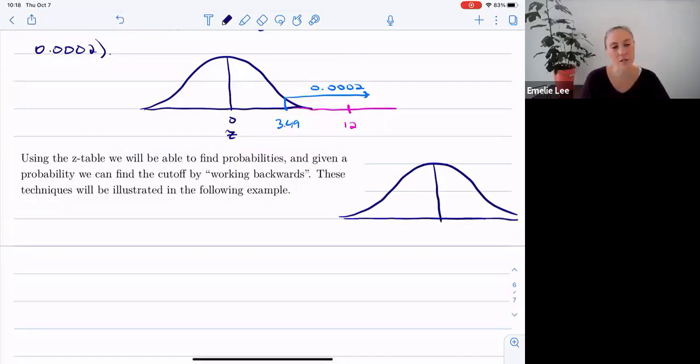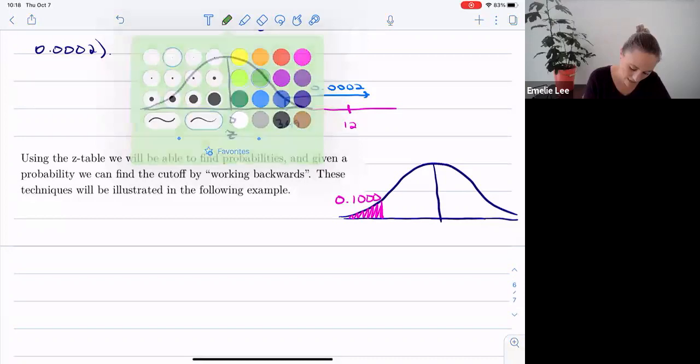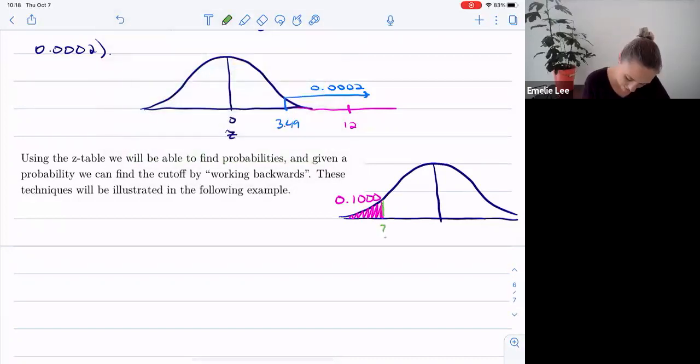What it's going to look like is you're still going to have some normal distribution, and maybe you force this area to be 0.1, 10%, the lowest 10%. Then what would you want to find? You'd want to find what value makes that happen.